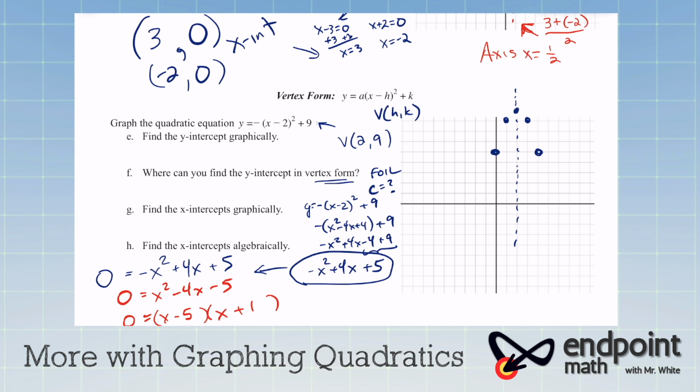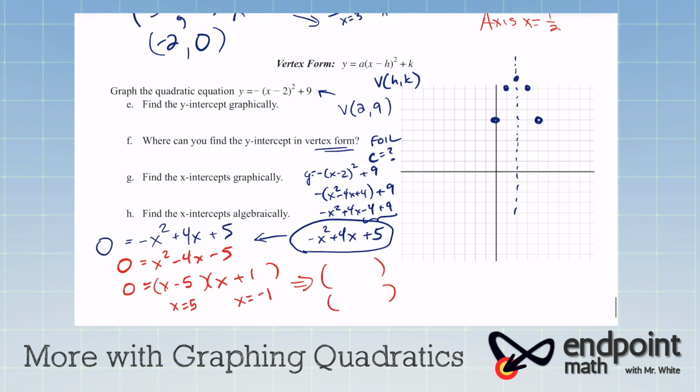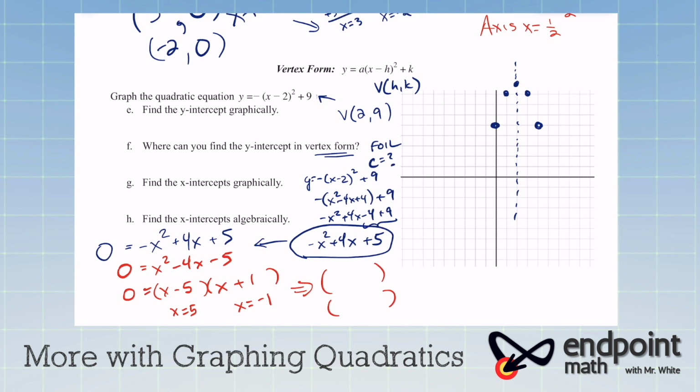So I factored it, so I know that x equals 5 is a solution to this equation, and x equals negative 1. That means we have two x-intercepts. They would be over 5, up 0 and over negative 1, up 0. 1, 2, 3, 4, 5, there it is.